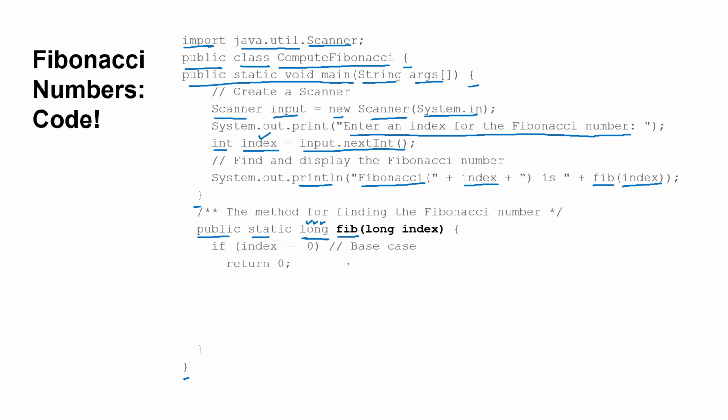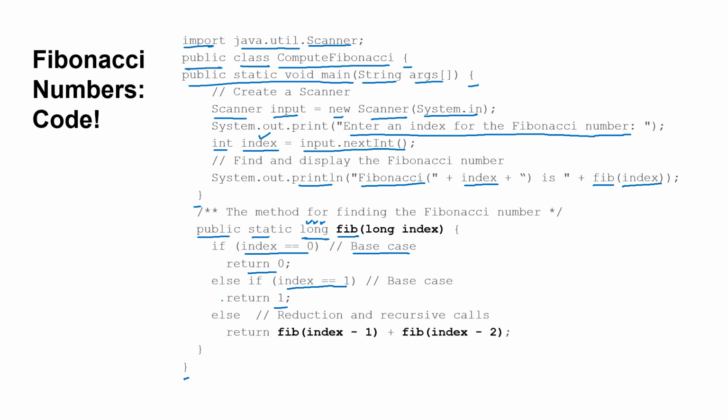All right, so now we are taking care of the base case. When index is equal to 0, you return 0. Else if index is 1, you return 1. For other cases, when the index is not 0 and 1, now we'll have to do the recursive call. We return fib of index minus 1 plus fib of index minus 2.